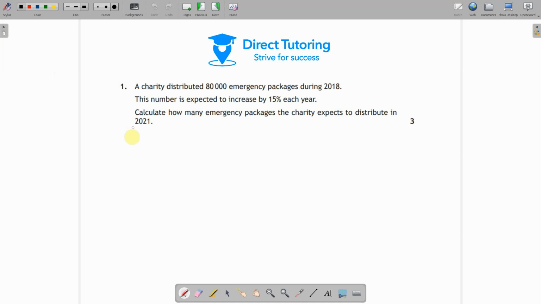So right off the bat, we know how many years. So the number of years is going to be 3, because the first one will be 2019, 2020, 2021. Now, it's an increase of 15%.